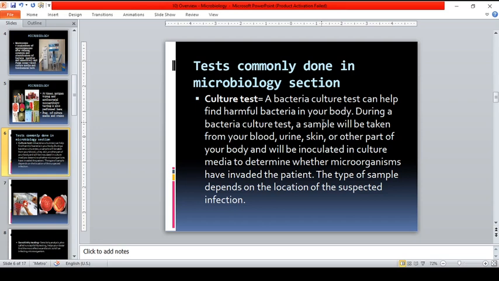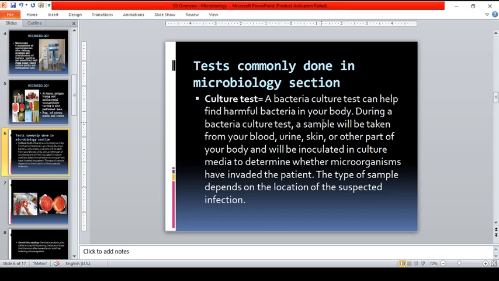The type of sample depends on the location of the suspected infection. Actually, the culture test is as simple as getting a sample from the suspected site of infection and then putting that in a culture media. If there is growth in the culture media and the growth is enough to be considered positive for infection, they will proceed to susceptibility testing.